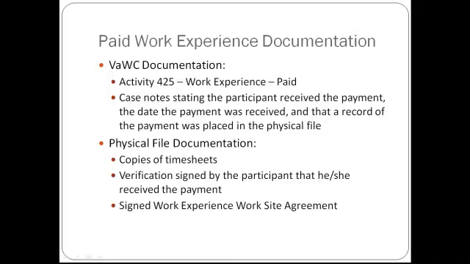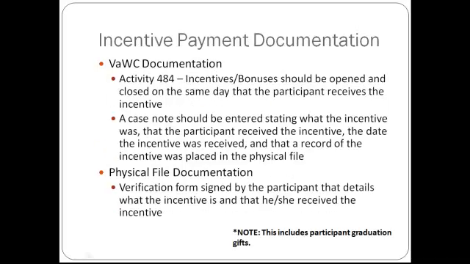If a youth receives an incentive, there is specific documentation that needs to be completed in VOS and in the physical file. In VOS, Activity 484, Incentives/Bonuses, should be opened and closed on the same day that the participant receives the incentive. Also, a case note should be entered stating what the incentive is, that the participant received the incentive, the date the incentive was received, and that a record of the incentive was placed in the physical file.